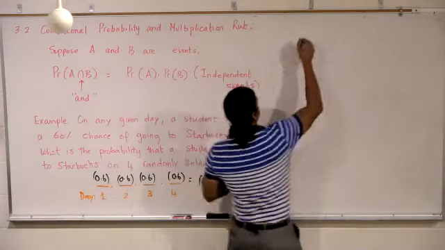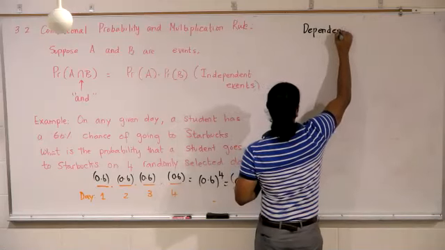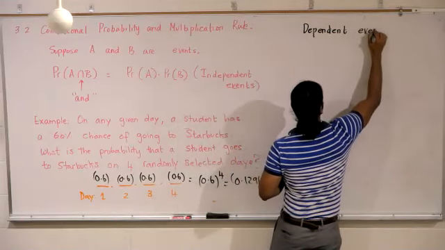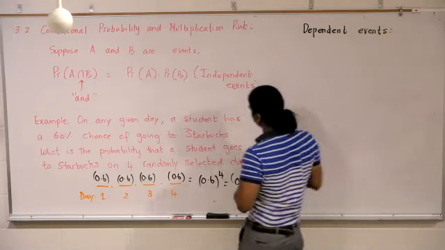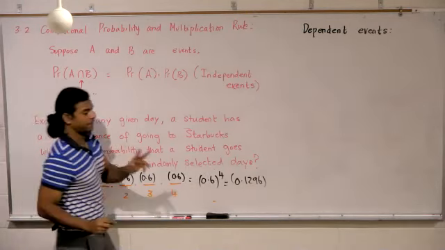Then comes the case of dependent events. If I have 2 events, A and B, there are 2 possibilities.